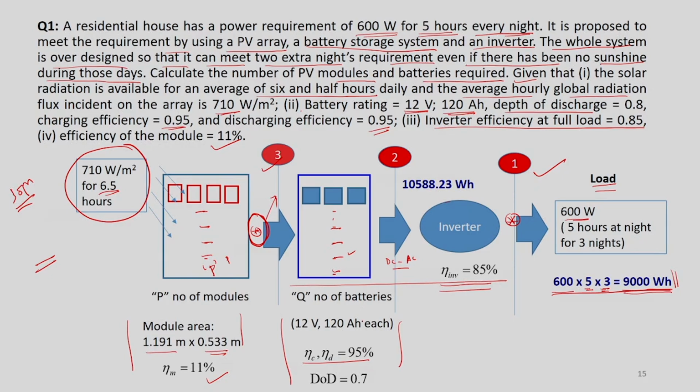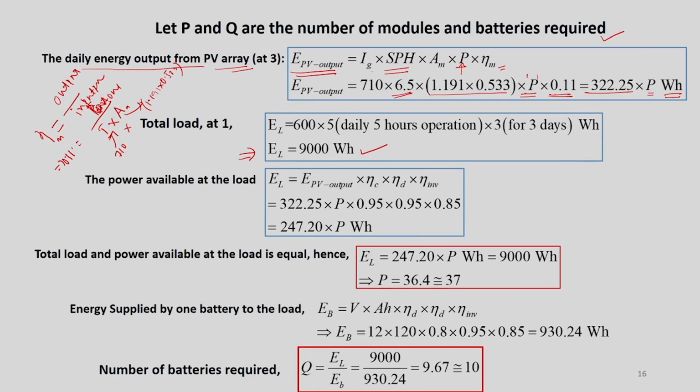If we use those efficiencies to calculate the power available at the load, this is nothing but eta C, the charging efficiency, eta D, the discharging efficiency, multiplied by the inverter efficiency. If we multiply all, then what we will have is 247.20 into P watt hour, okay. That much of energy is available, okay.